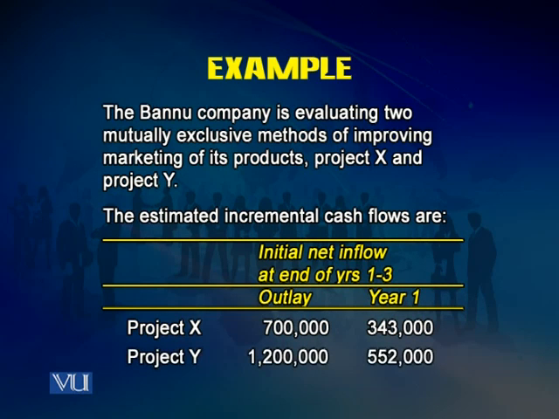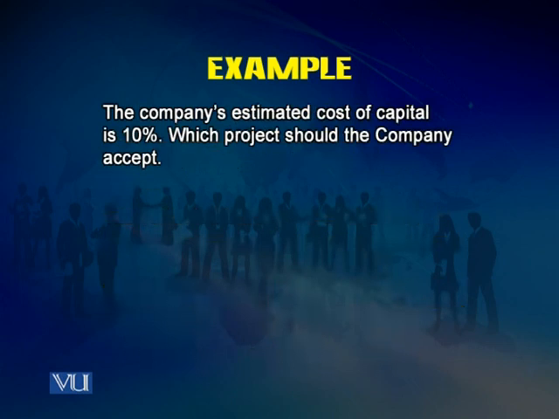Project Y, the net cash outlay is 1.2 million and the net cash inflows in years 1, 2 and 3 are 552,000. The company's estimated cost of capital is 10%. Which project should the company accept?